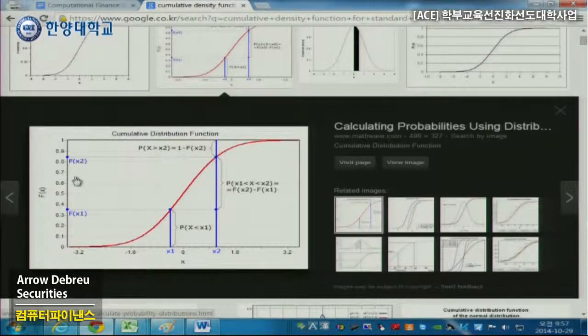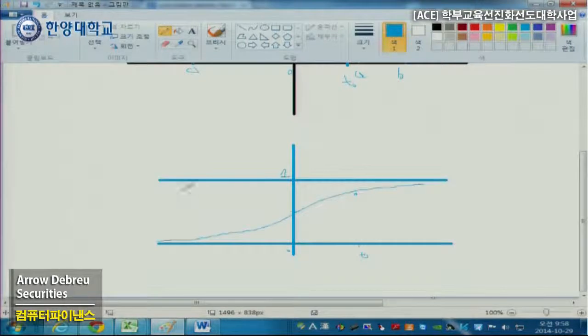And then next, we find the inverse image under the standard normal distribution. So suppose we generate a random number like 0.8, then we find the inverse image of this one, and we pick this one, x2. If I generate a random number from this area and find the inverse image, then the shape looks like this.